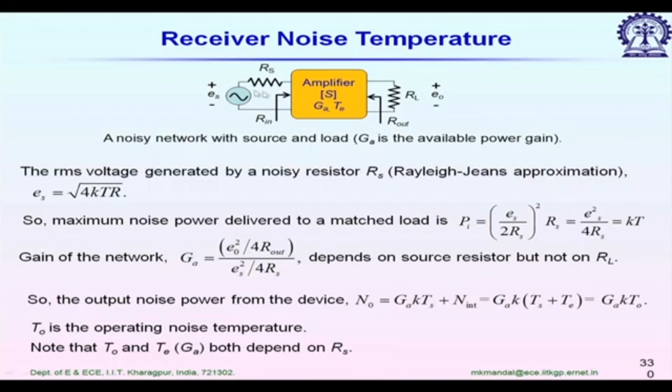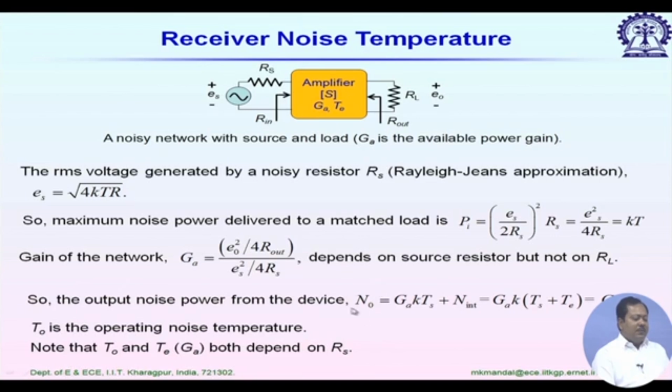So you see here, this is the amplifier, and on the left-hand side we have a noise source connected to this amplifier, and on the right-hand side we have a load resistor connected. We already expressed Ga in terms of the input and output noise powers, and from that we calculated the output noise power from the device.